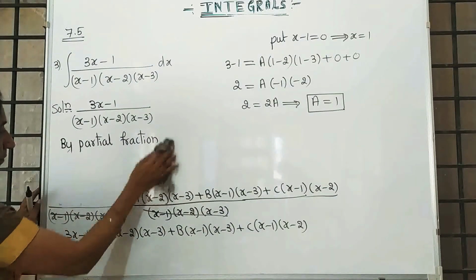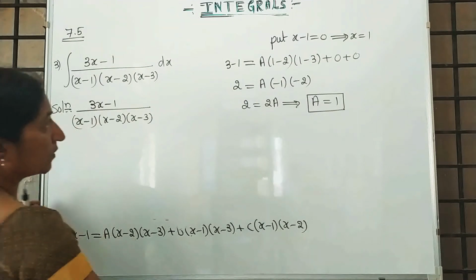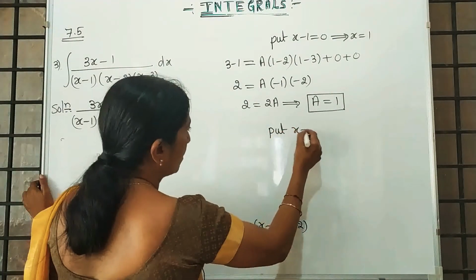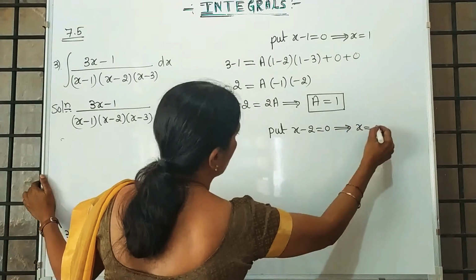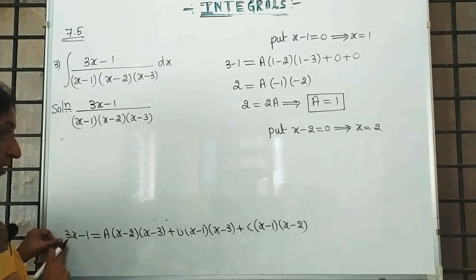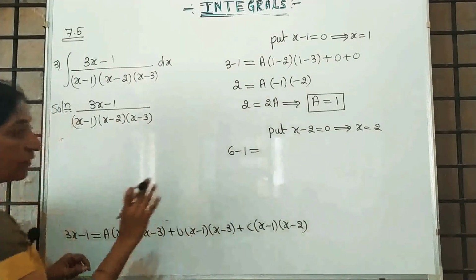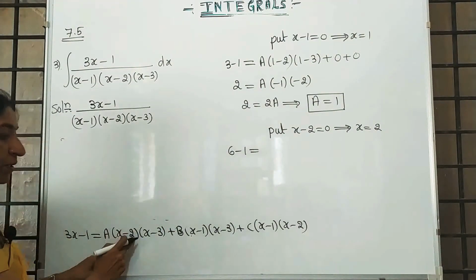Now I am taking the bracket x minus 2. Put x minus 2 equal to 0, that is x is equal to 2. Throughout the equation, 3 twos are 6, 6 minus 1. Wherever the bracket has x minus 2, that term will be 0, because 2 minus 2 is 0.